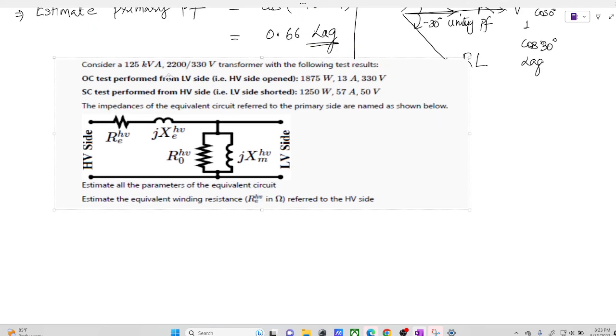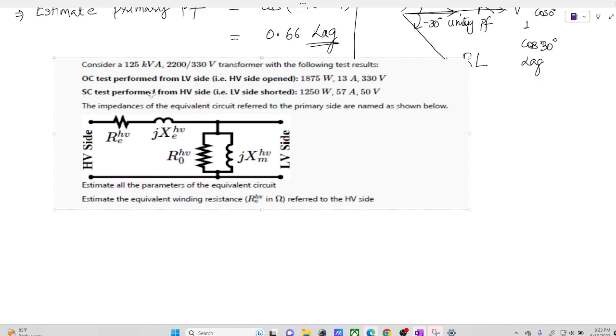Consider a 125 kVA, 2200 by 330 volt transformer with the following test results. Open circuit test is performed from the low voltage side, high voltage side open. There is 1875 watt loss and 13 ampere current. These are the values from the voltmeter, ammeter and the wattmeter connected to measure the open circuit power.